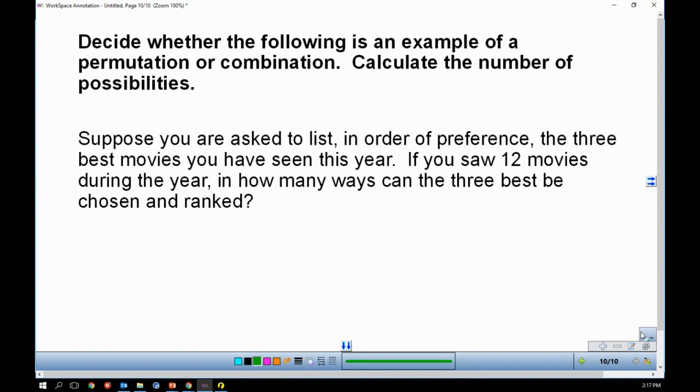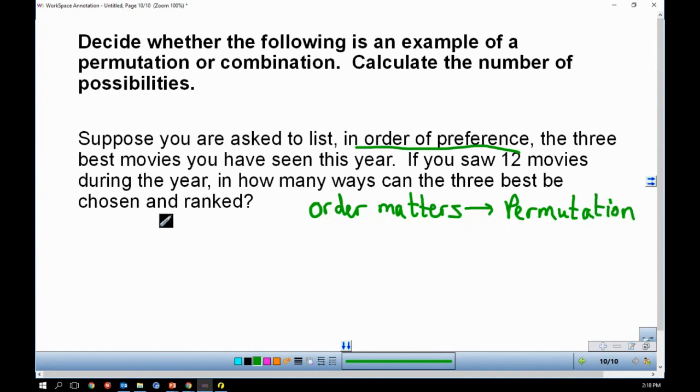Since it says in order of preference, that means permutation, order matters. Well, how many do we have to pick from? And we're picking 3. So we want to do a permutation.